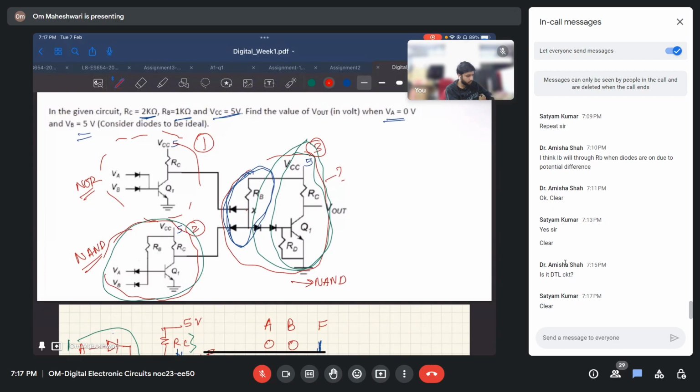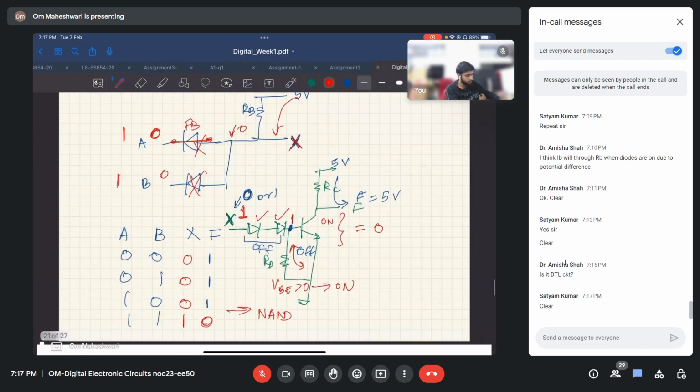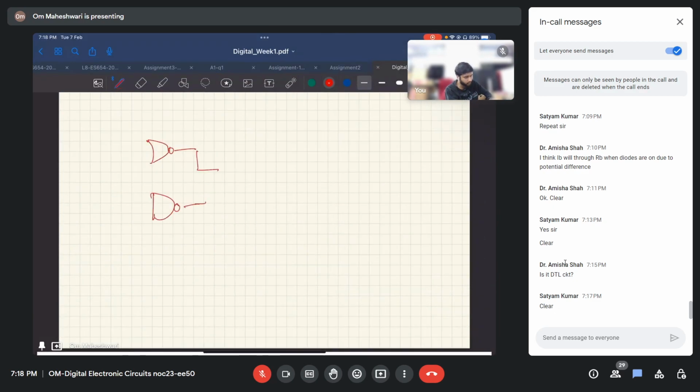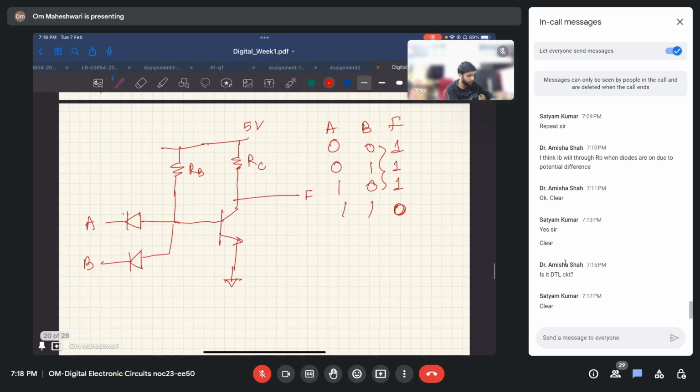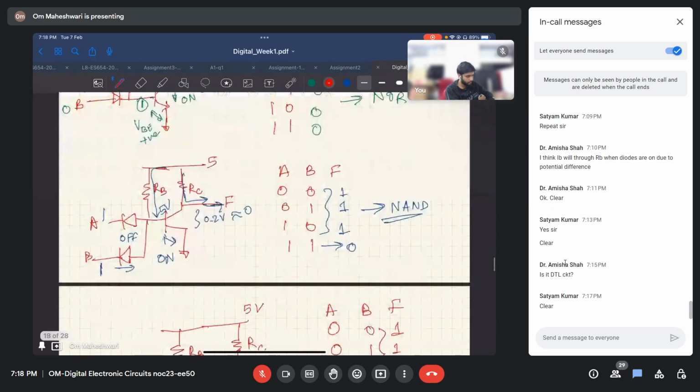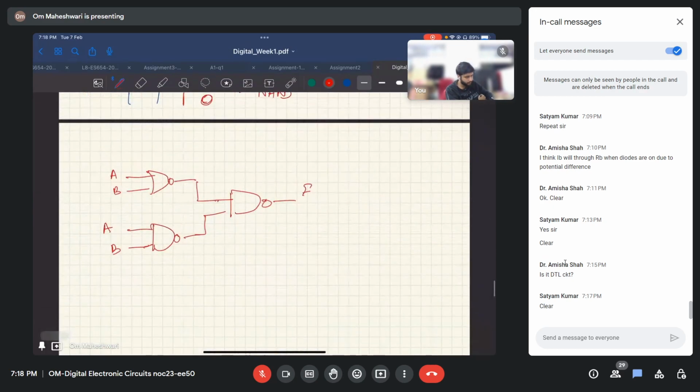So what we have now is a NOR gate, a NAND gate, and both of them go into a NAND gate, like this. And what are the input conditions given? VA is 0 and VB is 5. It is like 0, 1, 0, 1.